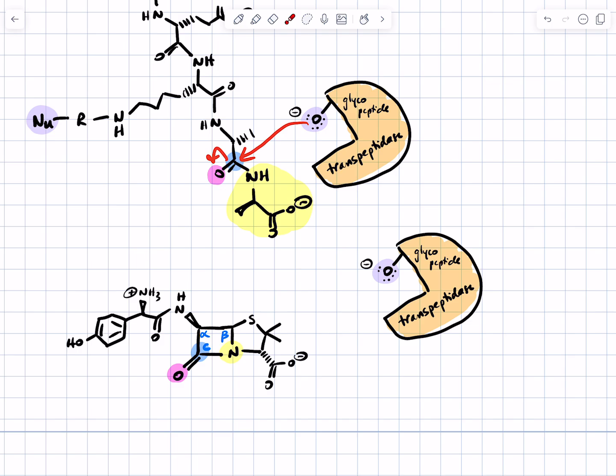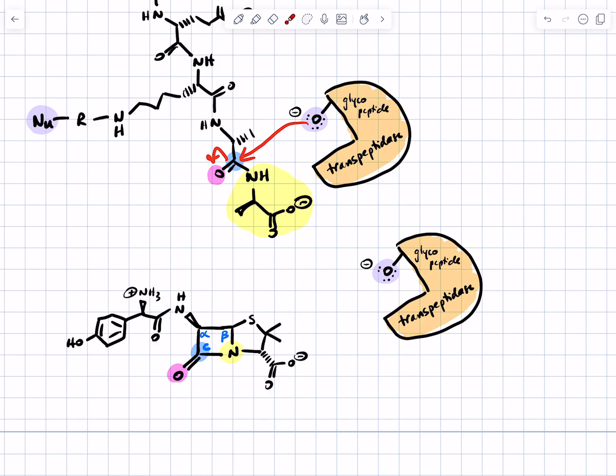But the beta-lactam actually fills the enzyme active site and binds exactly where this section of the peptidoglycan does. And in fact, a big area of drug development over the past 50 years has been designing molecules that fit better in enzyme active sites than the things that are supposed to go in there in the first place.